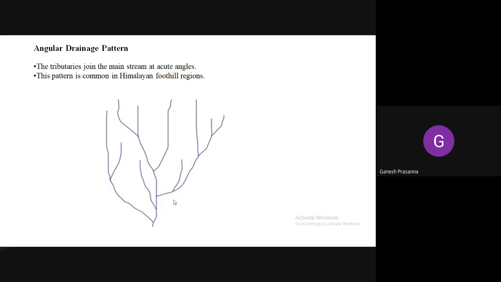Coming to the angular drainage pattern, in the angular drainage pattern the tributaries join the main stream at acute angles. Acute angle means it is less than 30 degrees.